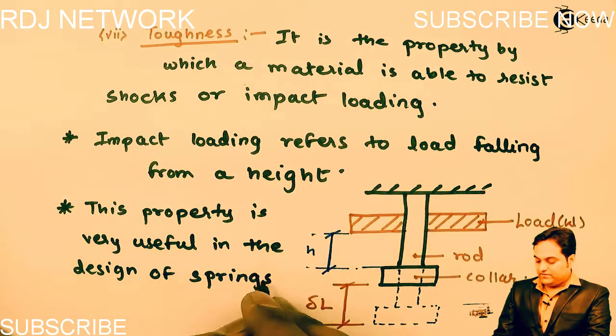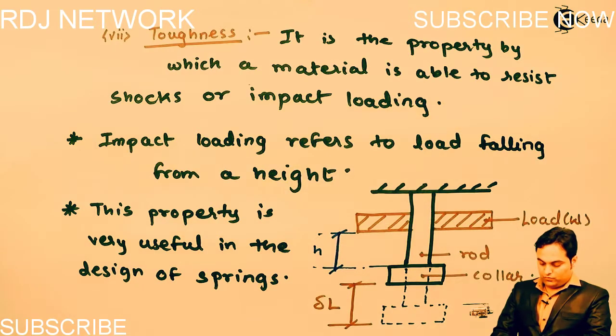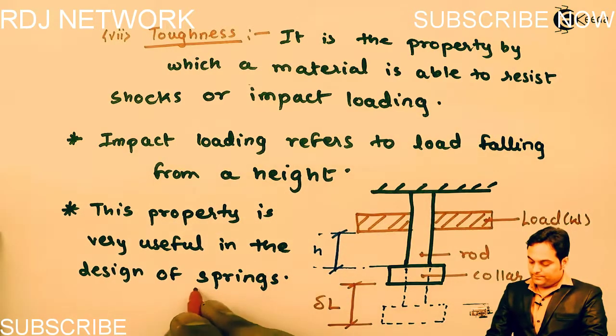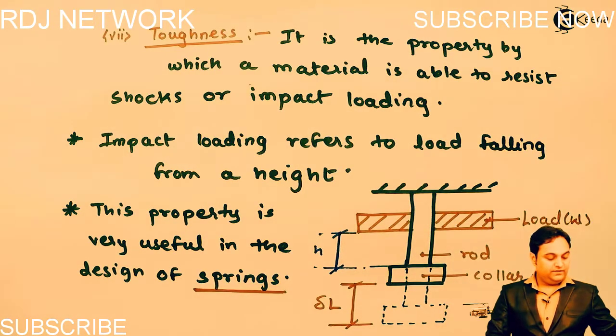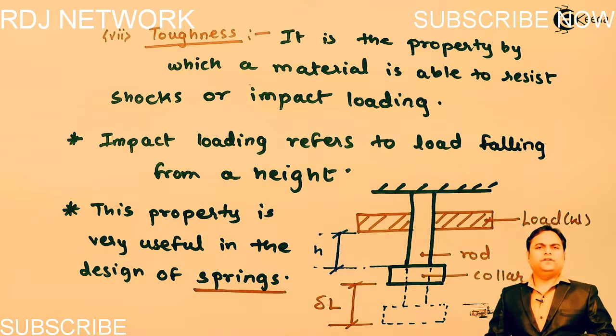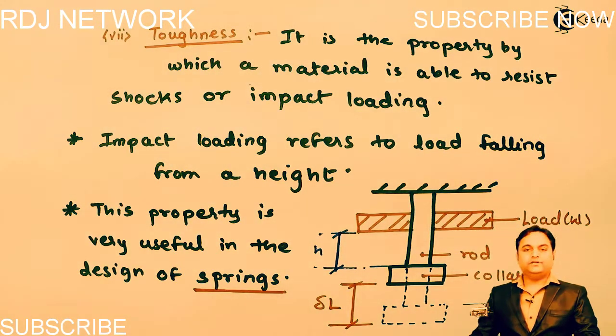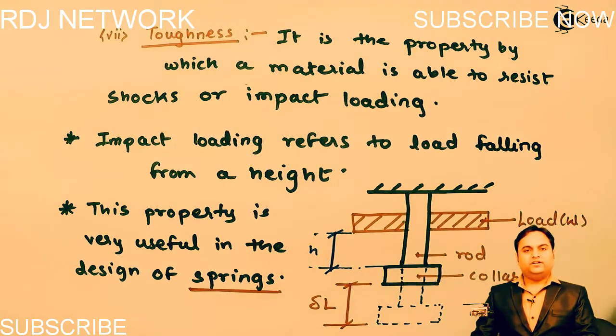Like previously we have seen a property, that was stiffness. So stiffness is required in the design of springs. At the same time, toughness is also considered while designing springs. So I hope toughness is understood.